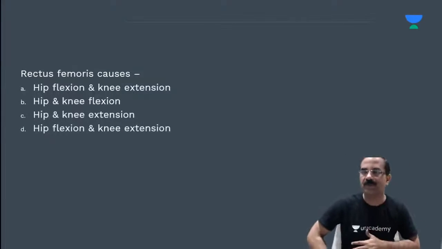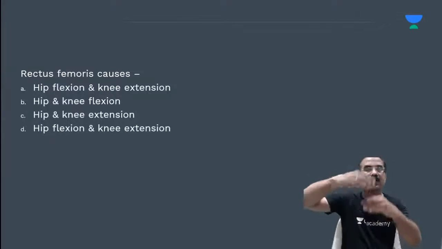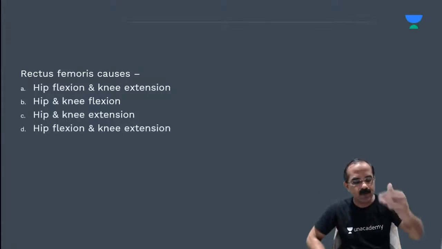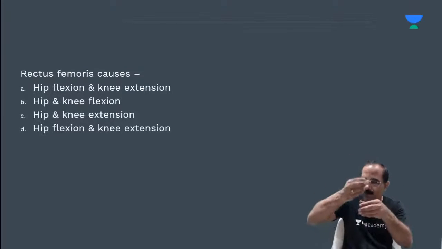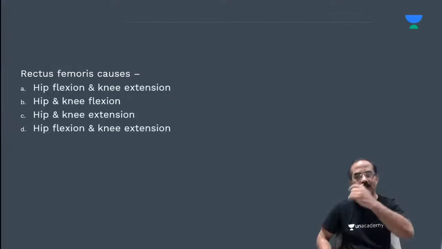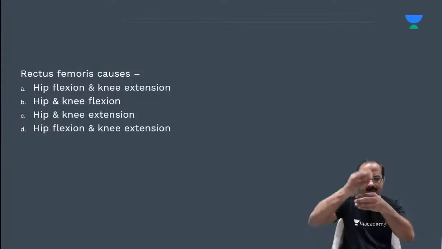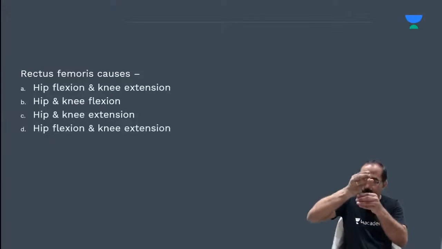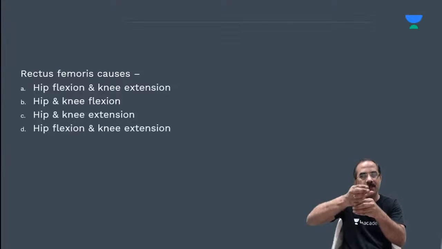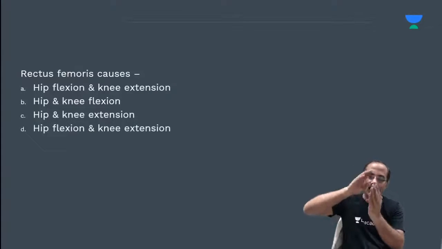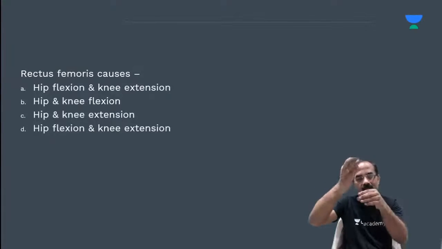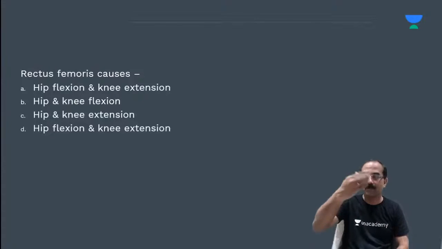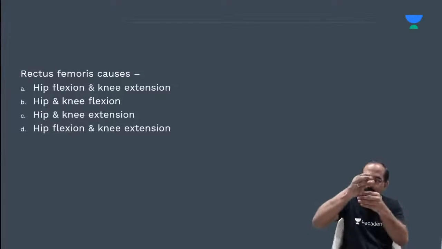Now when we extend the knee joint, the lateral condyle of femur articulates with the lateral condyle of tibia. They are of the same diameter, so they fit into each other. But the medial condyle of femur is wider and larger in diameter.